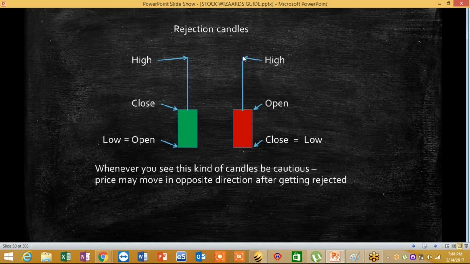So the price of that stock starts falling from this high, coming down, down, down till the open, and then it goes below the open and closes below the open. Is this one clear? The red one.